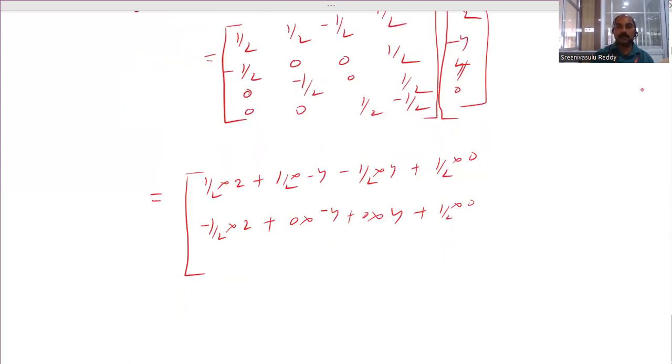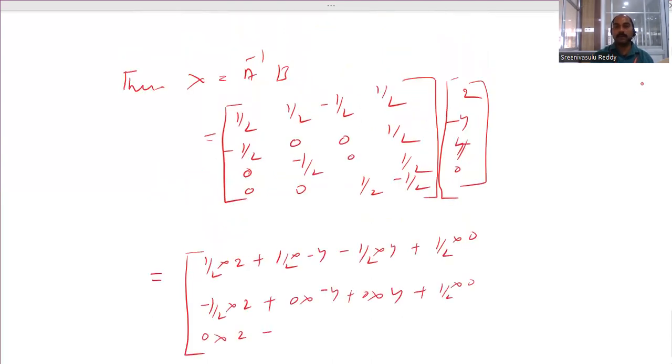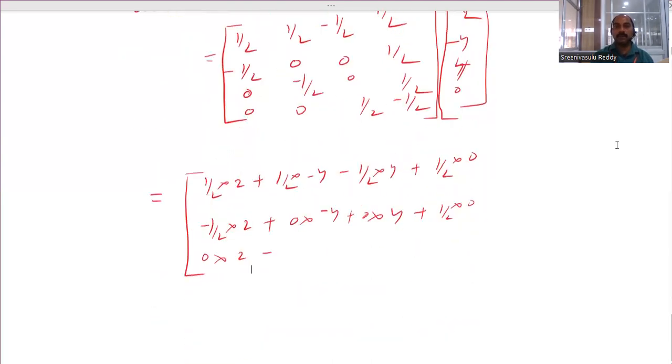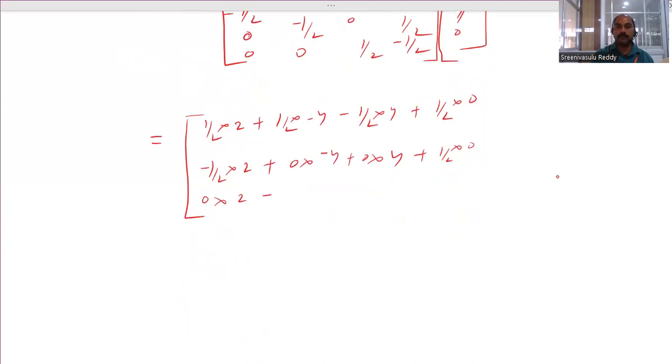Next element: 0 into 2 minus 1 by 2 into minus 4 plus minus 1 by 2 into minus 4 plus 0 into 4 plus 1 by 2 into 0. Last element: 0 into 2 plus 0 into minus 4 plus 1 by 2 into 4 plus minus 1 by 2 into 0.